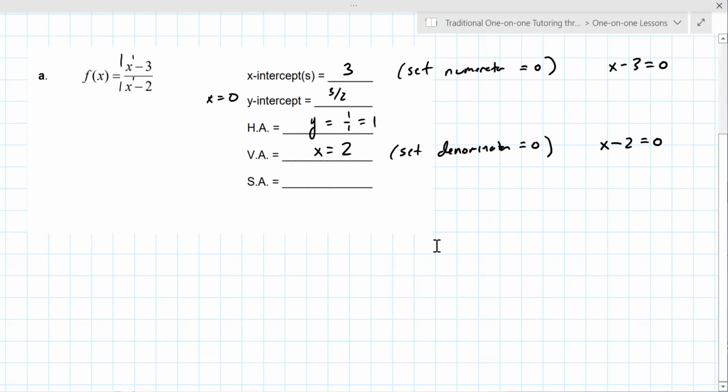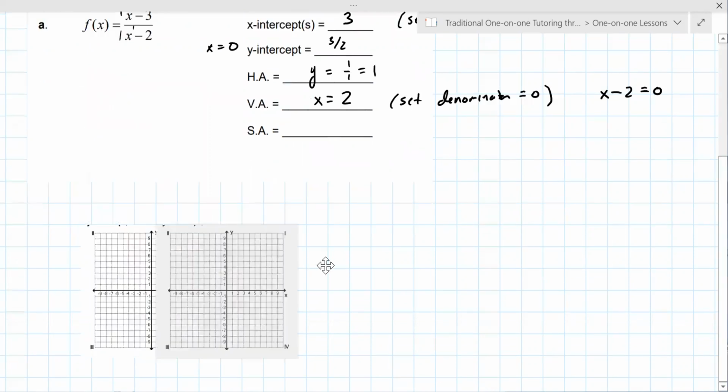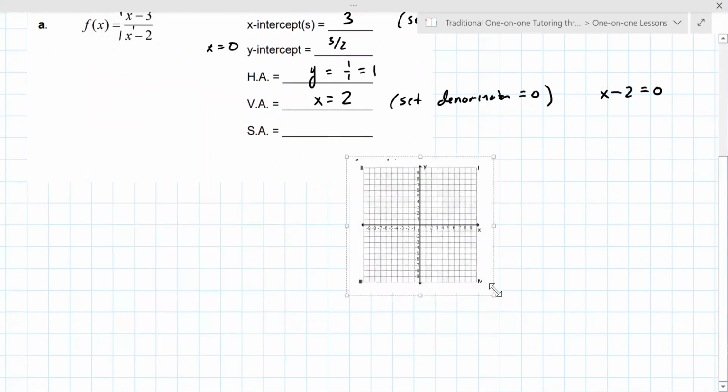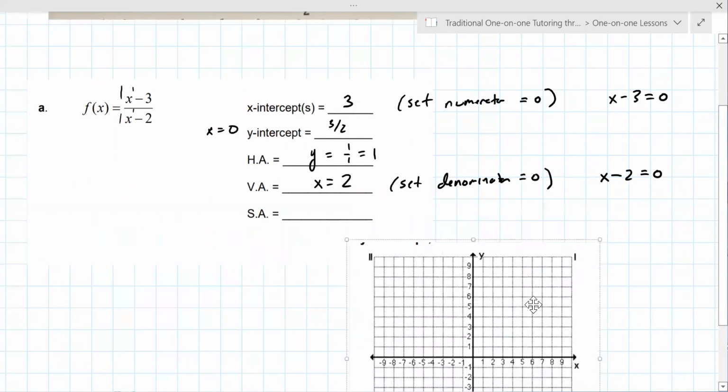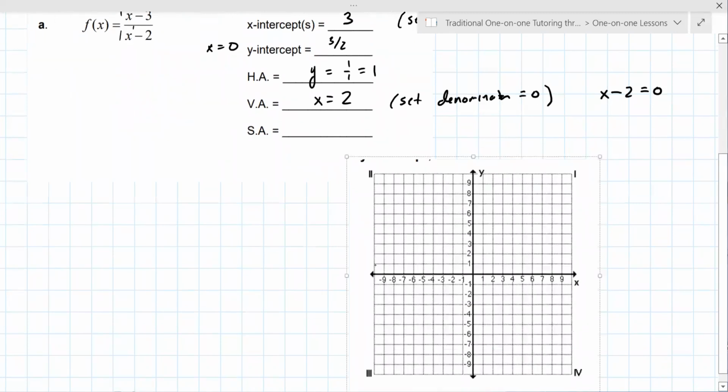So to go about graphing this, you take the key pieces of information that we just found and you apply them to this graph. I actually like to start with the horizontal and the vertical asymptotes. So the horizontal one's at 1, the vertical asymptote is at 2.